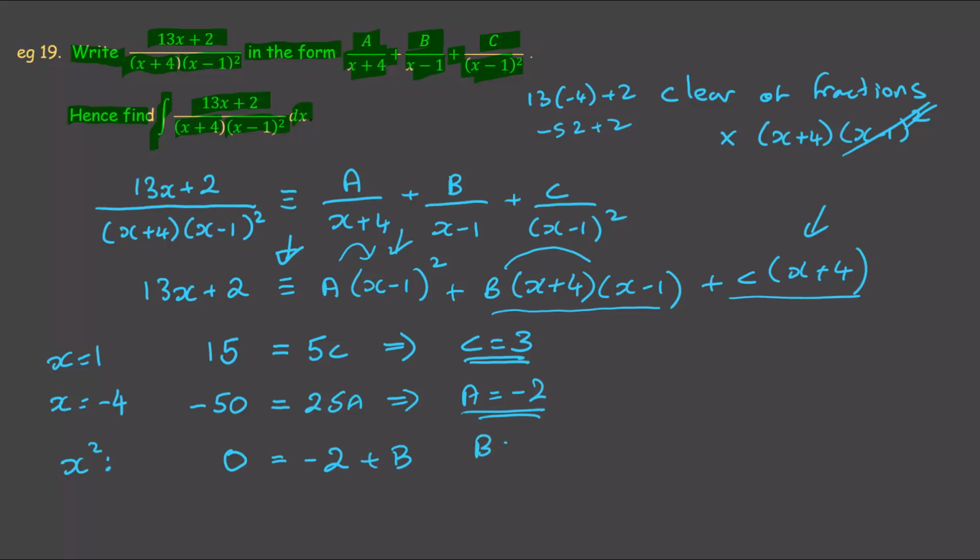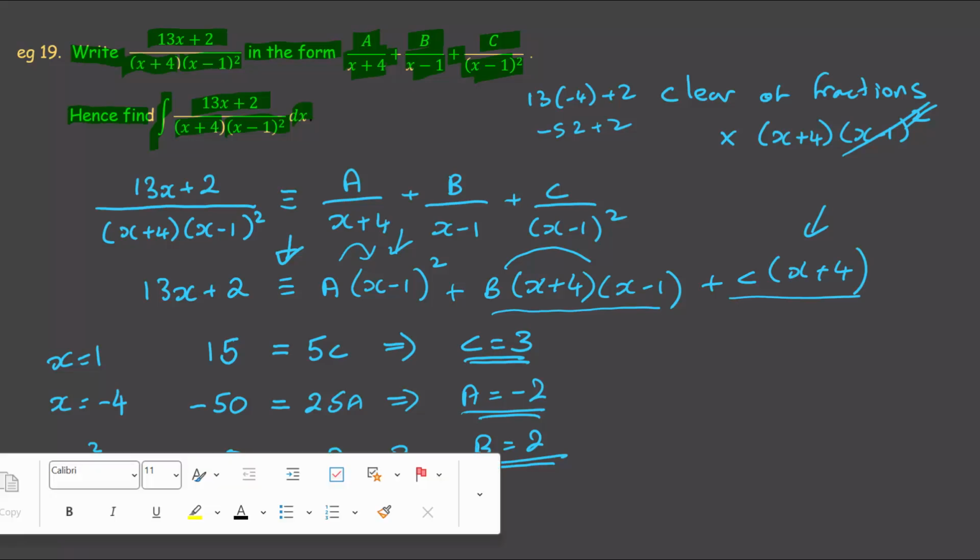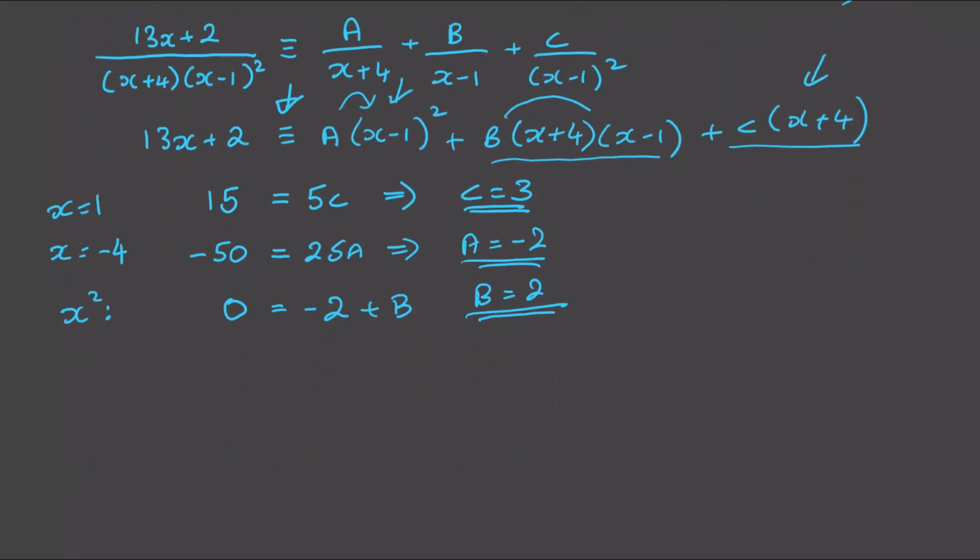And that tells me that b is equal to 2. And so we would get negative 2 on (x + 4) plus 2 over (x − 1) plus 3 on (x − 1) squared.